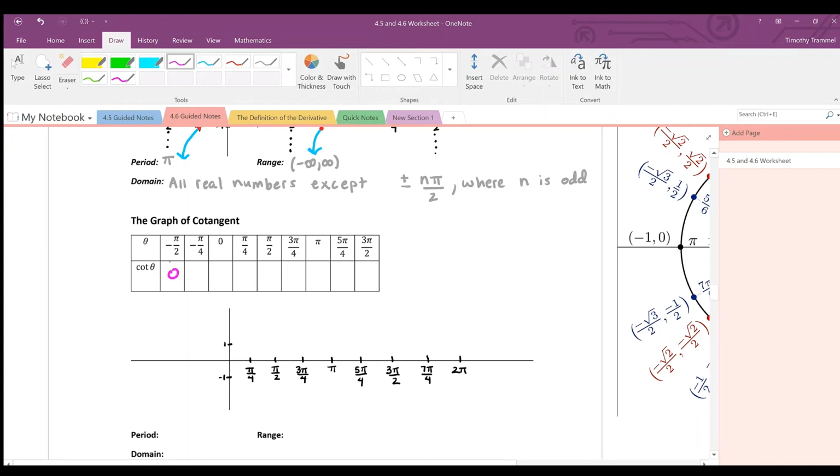So our first one's 0, -1, undefined again, 1, 0, -1, undefined, and then again, we should be at 1 and then 0. All right, and we're using the idea here that cotangent of theta is x over y, using this unit circle over here.